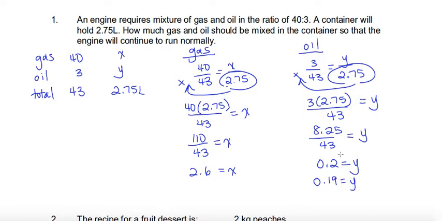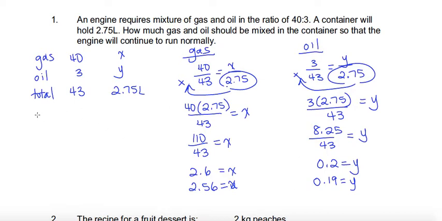And if I go back to my 110 divided by 43, I could do 2.56, and that's going to be equal to my X, and then 2.56 plus 0.19 is equal to 2.75. So I would actually keep my 2 decimal places in this case.